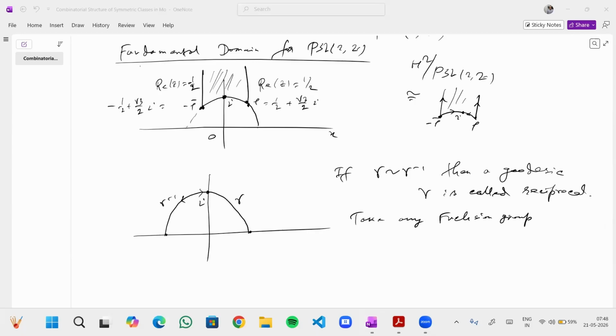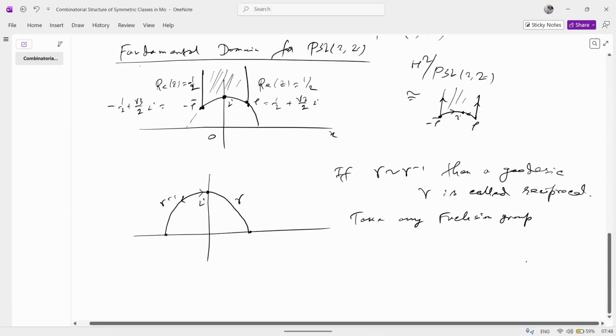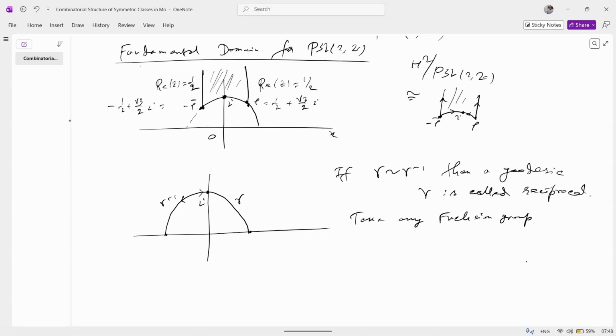I would not denote it by gamma, but maybe lambda, with elements of order 2.